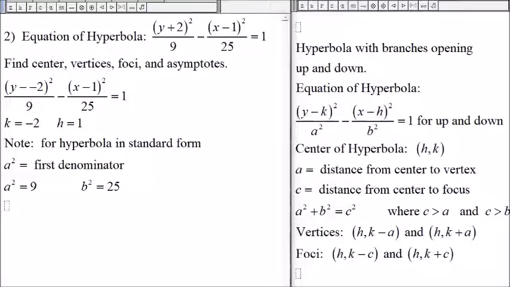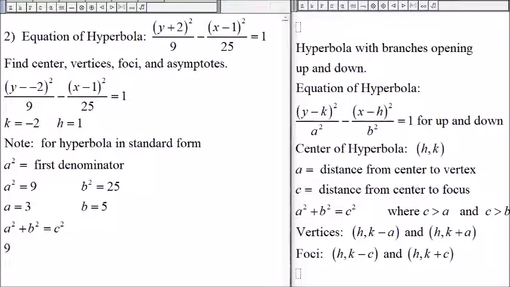And then take the square root of both sides. We got a is 3. And then take the square root of both sides here. We got b is 5. And then we need c. And so we use the formula a squared plus b squared equal to c squared.